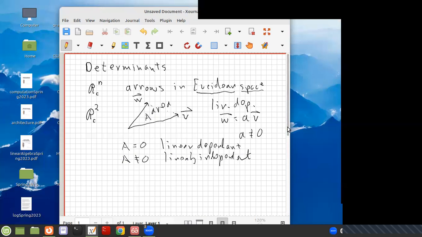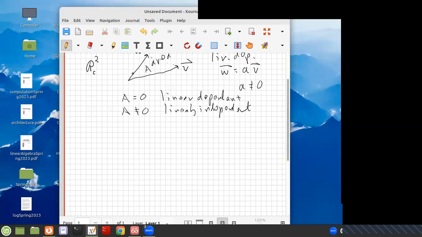And you can see how this would go to higher dimensions. Like if I had three vectors, say in R3, then each one of these vectors couldn't be in the plane between two of them, and you wouldn't want one of the vectors to be in the plane of the third.